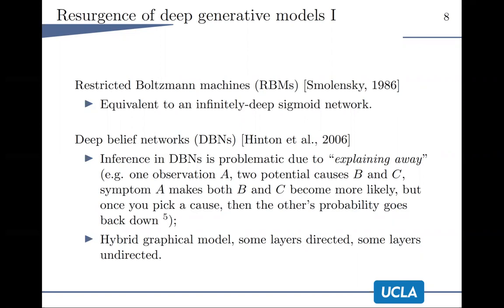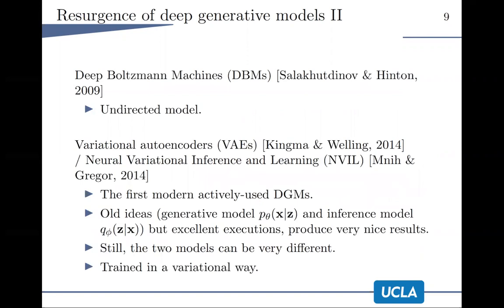But once we pick one cause, like we say for sure that this time A is caused by B, then the chance of C goes back down. This kind of thing.